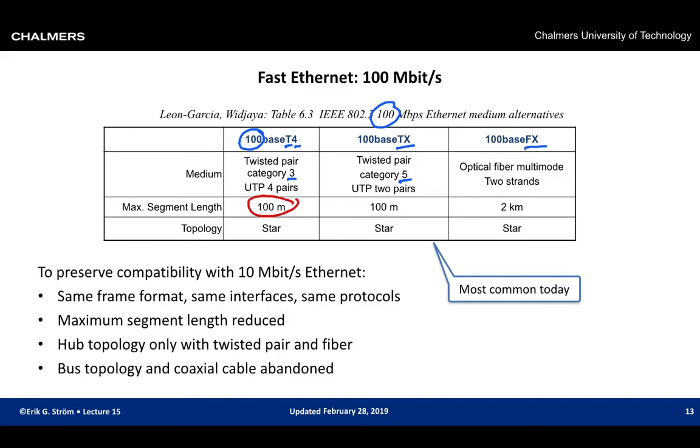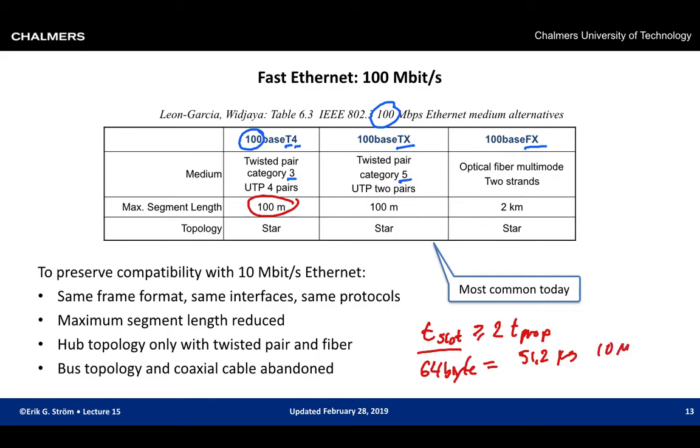Why do we have to do this? It's because we want the slot time to be larger than 2 T prop. If we keep this fixed, and this happens to be 64 bytes, which on 10 megabits per second was 51.2 microseconds.